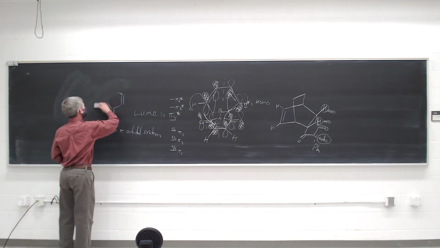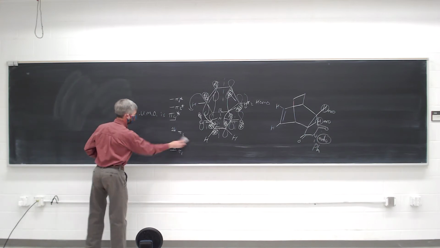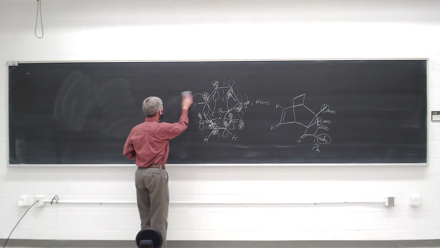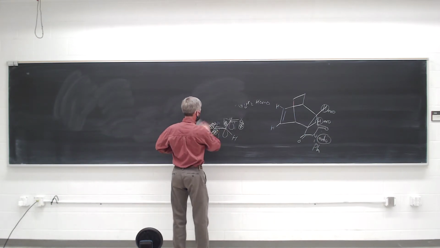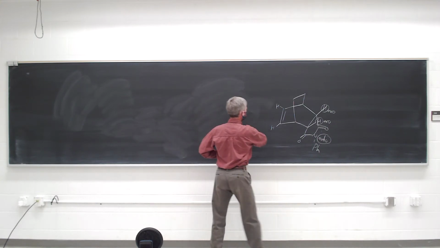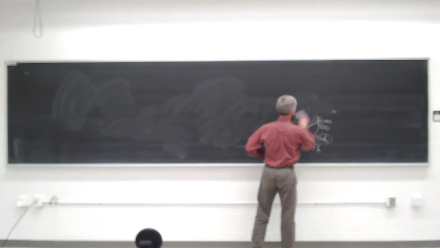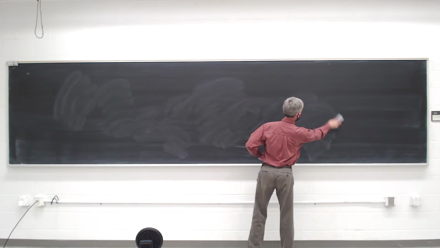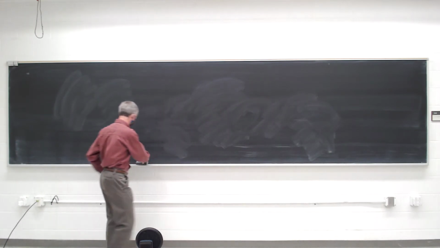So there was no regiochemistry to worry about here because both molecules were symmetrical. And there was no stereochemistry to worry about on the dienophile because it was obviously tied into a ring.